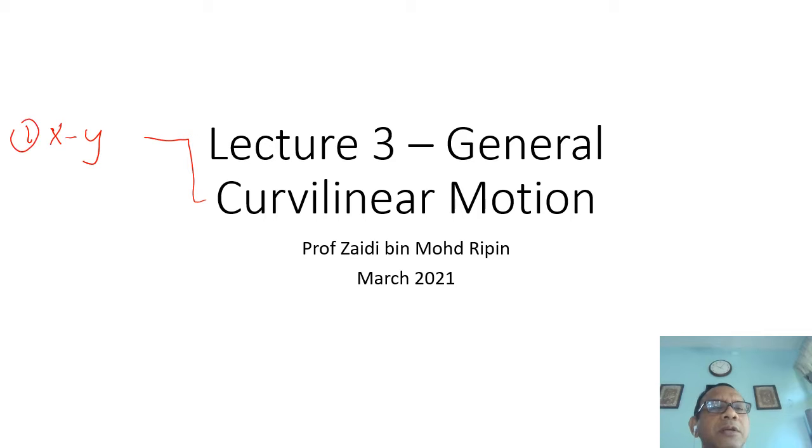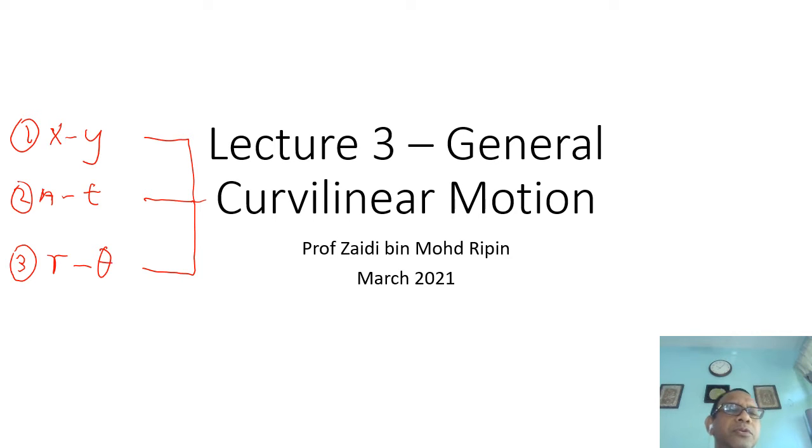The second is the normal tangent, so-called NT, and the third one is the radius and theta, r theta. So with that, we will be able to cover all the particle kinematics in this lecture.